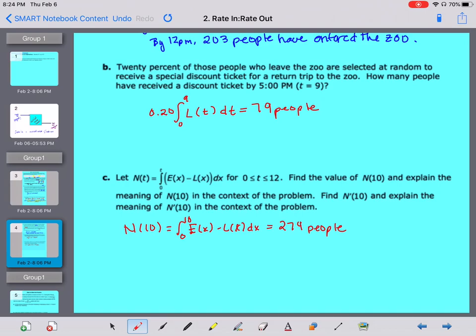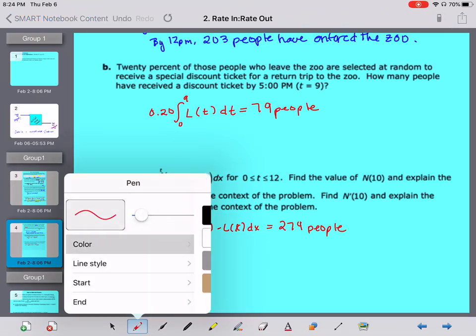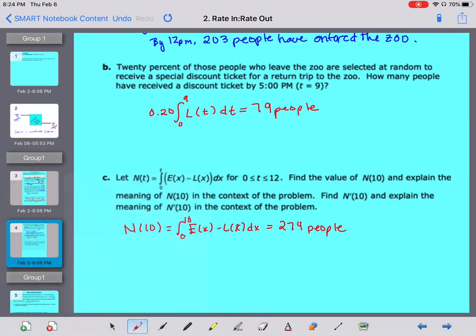Okay, so now it says explain what this means in the context of the problem. Okay, because this is the rate going in minus the rate going out, we have people entering, we have people leaving. So at t equals 10, the total number of people that are actually in the zoo is 274.